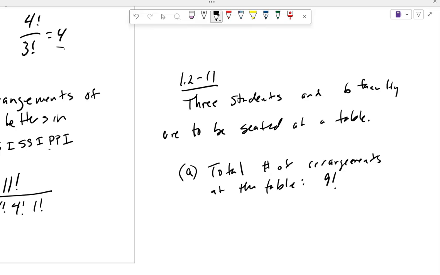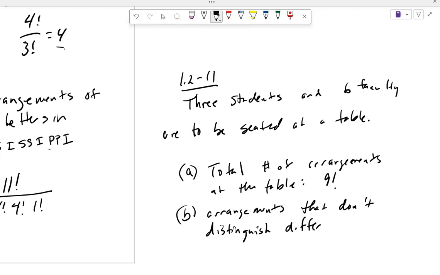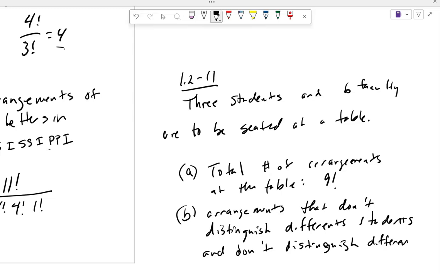But what if, rather than treating them as separate people, we only worry about arrangements that don't distinguish different students and don't distinguish different faculty?